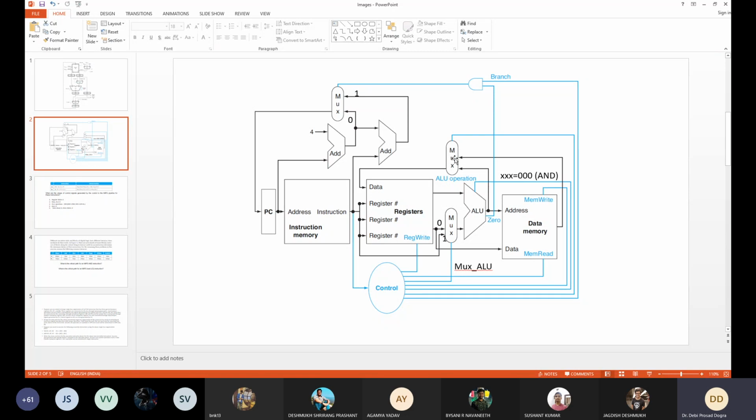So you'll say this one is multiplexer, let me give a name, multiplexer RF, register file. Let me give this signal name multiplexer RF, and this is multiplexer PC.